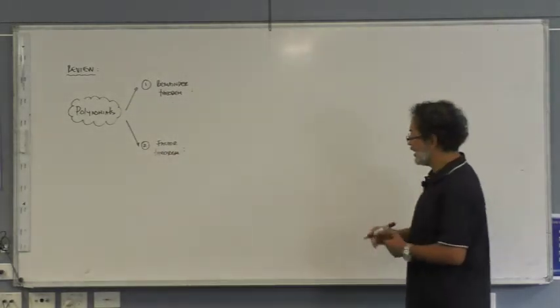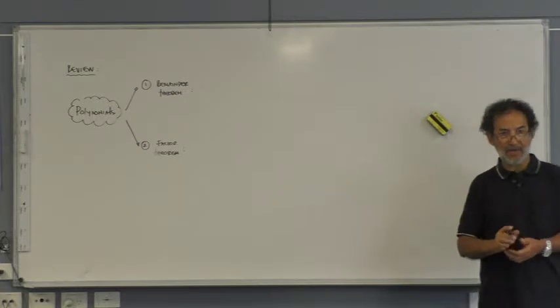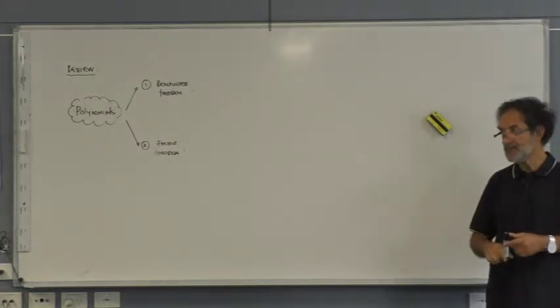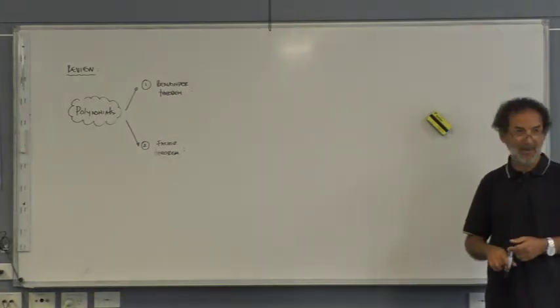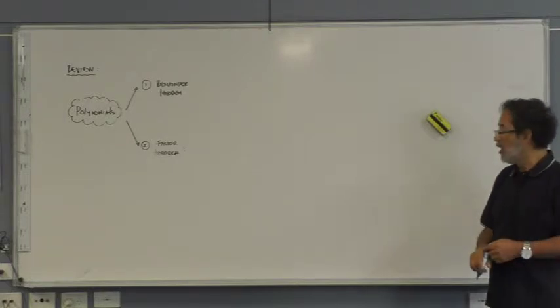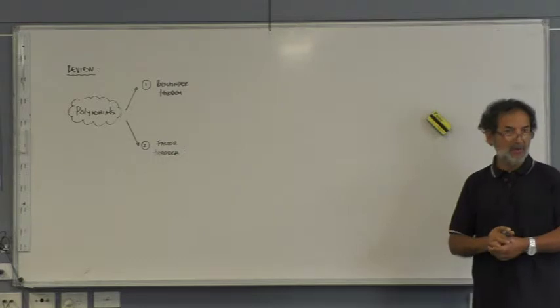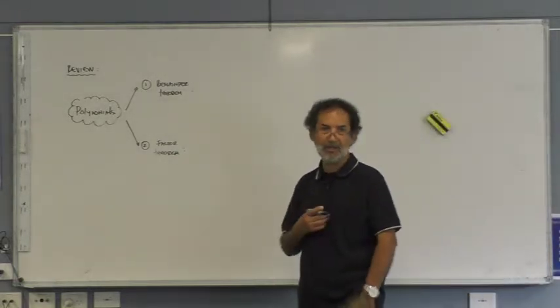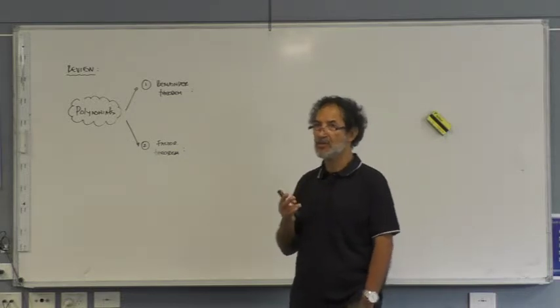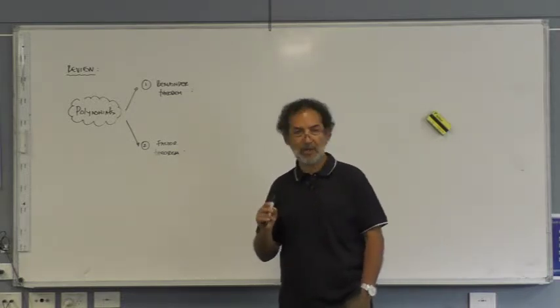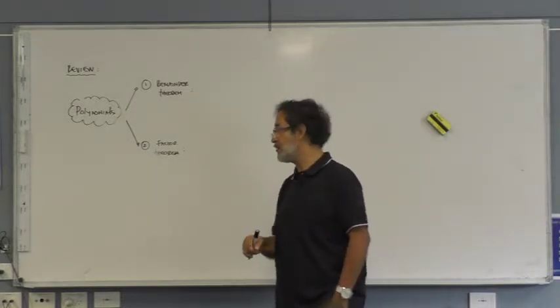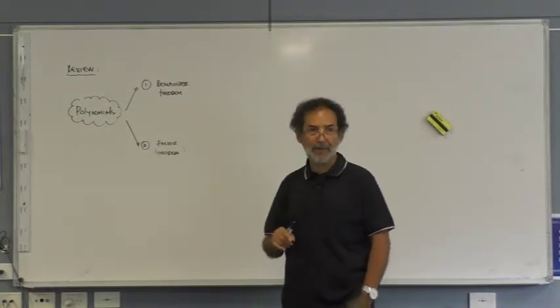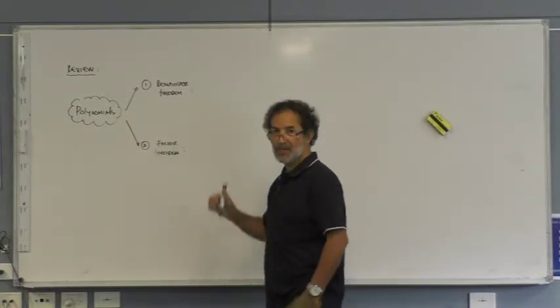Okay, so we have the remainder theorem and we have the factor theorem. The remainder theorem is really good if you want to find the remainder. There are two ways that you can do that. One way is doing the long division, and the other one is using this theorem.